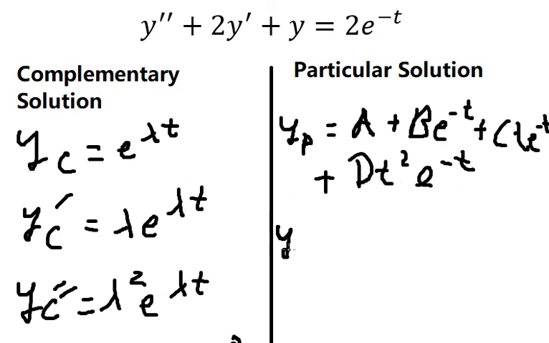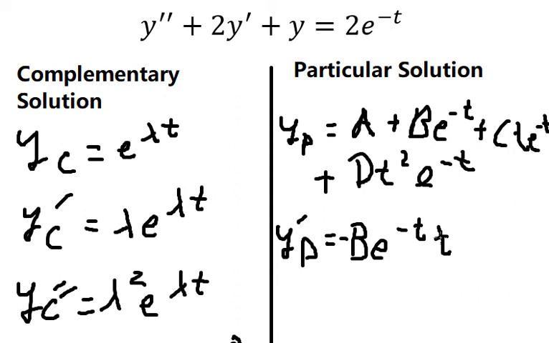Now if we do the first derivative, this one is a constant, so you get 0 in here. This one, we do the first derivative of e to the power of negative t, so you get negative e to the power of negative t.